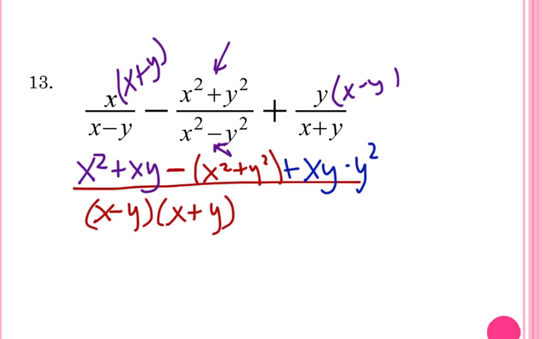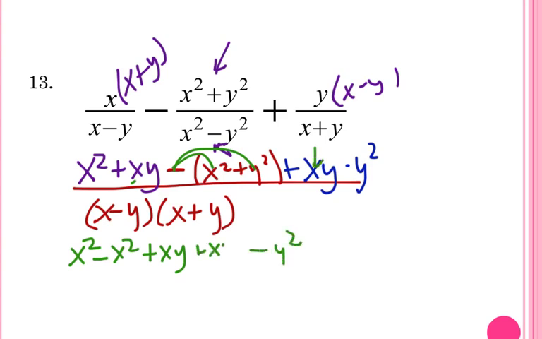So now to simplify that, I'm going to look for like terms that I can combine. And so I'm going to have x squared, and then right there is a minus x squared. And then I'm going to have plus xy. And then I'm going to have minus y squared here. Got this plus xy right there as well.